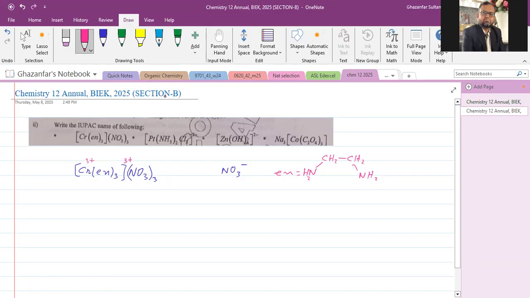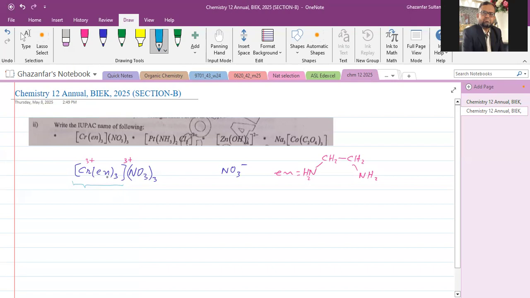So what is the rule of writing I.U.P.A.C name? The I.U.P.A.C name is written in a way that the positive part is written first and then the negative part. So this is the coordination sphere, and the coordination sphere is positive here. In the coordination sphere, we first write the name of the ligands. The ligand is ethylene diamine.